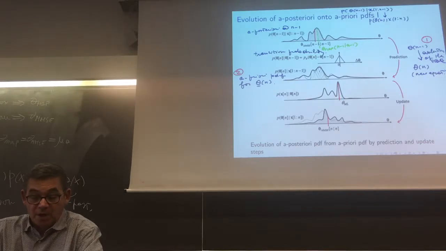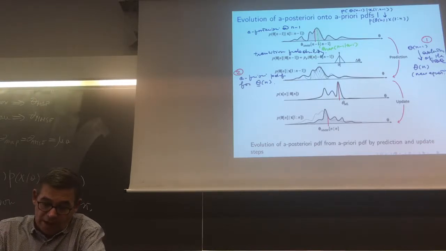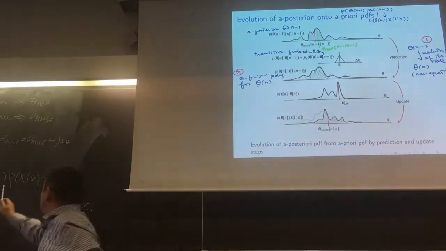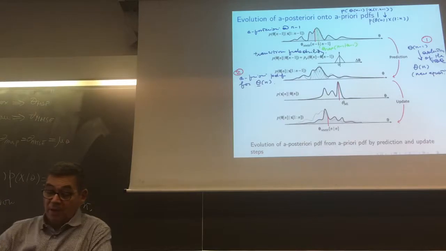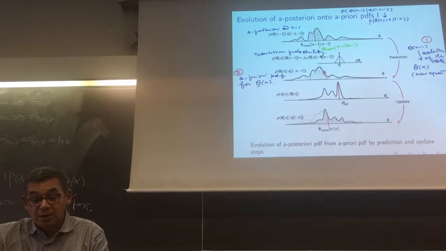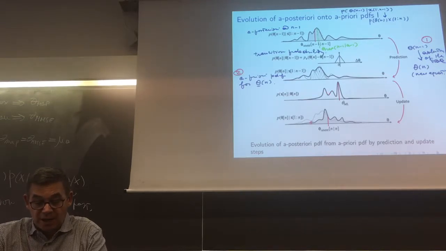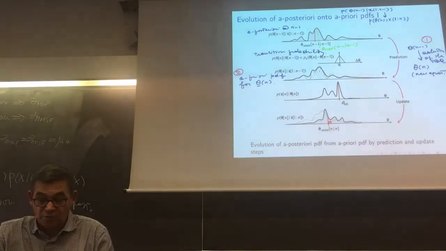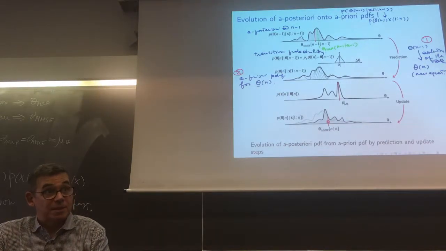So putting together means I take this one and multiply by that, value by value, sample by sample. By multiplication, what I get is a new behavior. The mean for this new behavior is the MMSE estimate, and the maximum is the MAP.